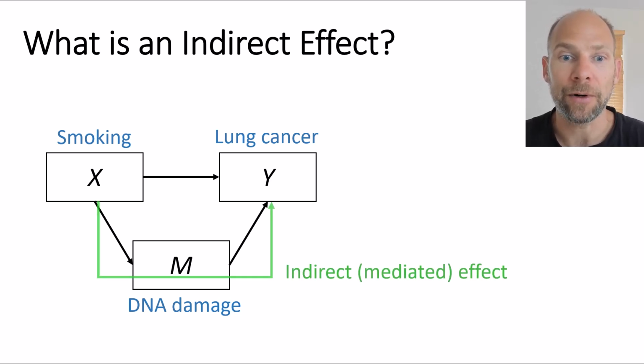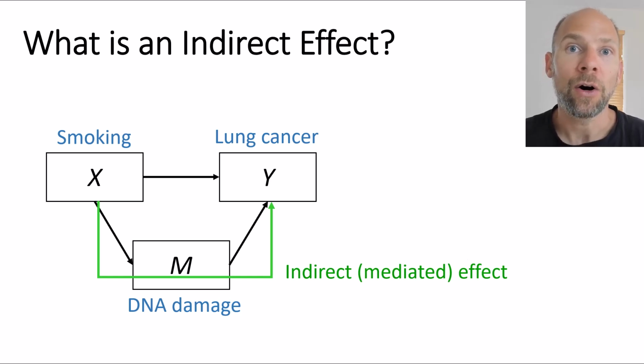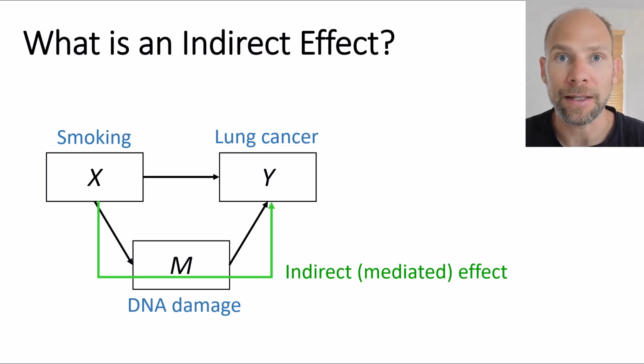In other words, we have an indirect or mediated effect here of smoking on lung cancer via DNA damage. And we have something like that in many cases in the social sciences and other sciences, where the effects of variables on outcome variables are not direct, but rather indirect or mediated through other variables.